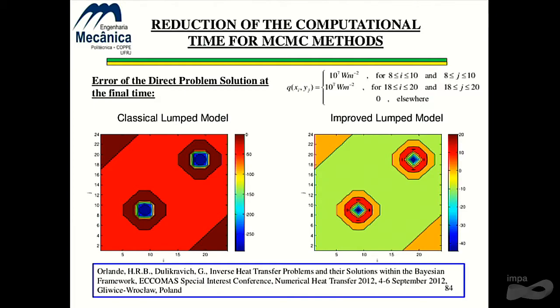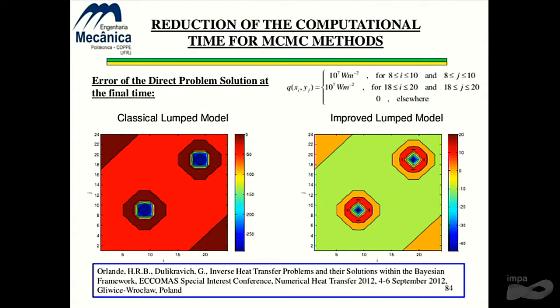For the improved lumped, the errors are much smaller, around 40 Kelvin. But we might not live with this 40 Kelvin error. This might be too much.